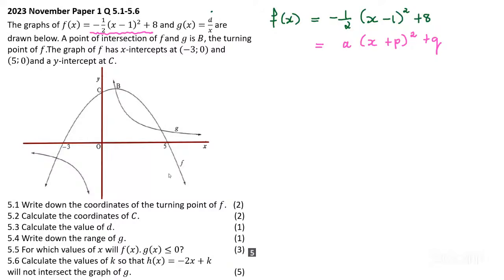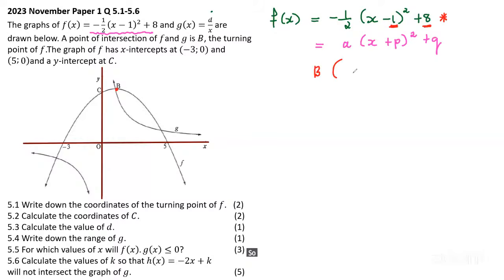5.1 says, write down the coordinates of the turning point of f, which, by the way, is point B. Because I've got the turning point format, I can quickly pick it up. From it, I can say x is 1, y is 8.